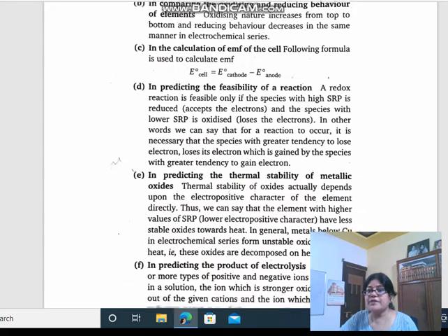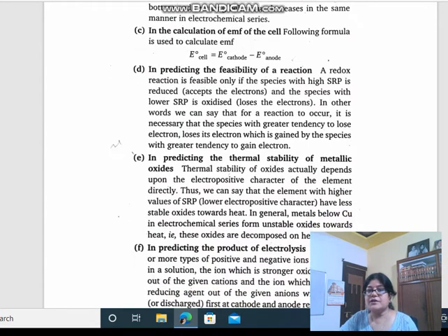In other words, we can say that for a reaction to occur, it is necessary that the species with greater tendency to lose electron loses its electron, which is gained by the species which has greater tendency to gain electron.